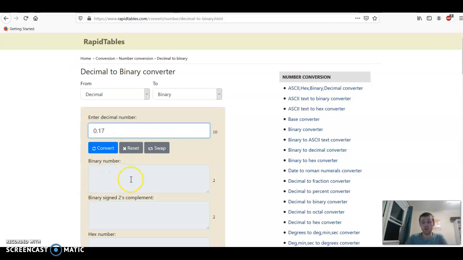How many places are we going to need? Well, here we had 2. Are we going to need 3, 4? No, we're going to need this many. Oh my goodness, that's so many binary slots, right? So many powers of 2 to be able to be precise enough to represent 0.17.